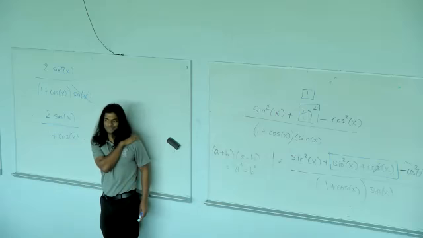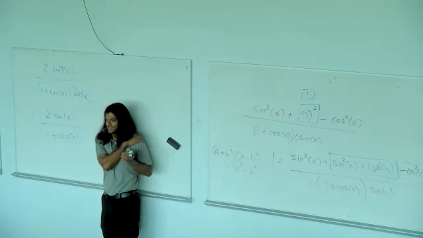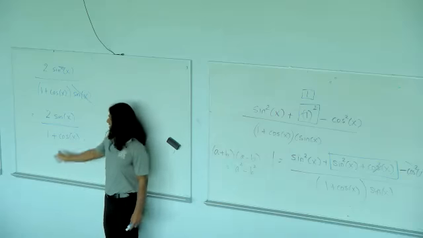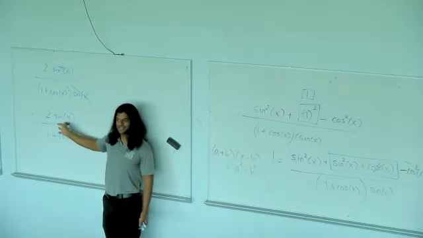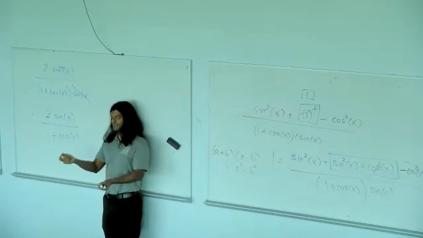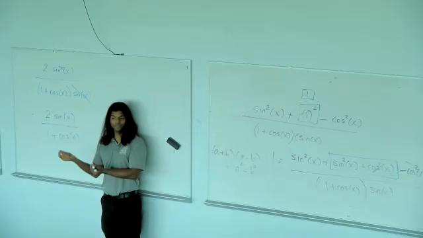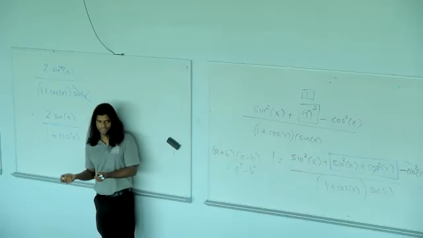Sin 0 is 0. Sin 180 is 0. So if you pick specific values, you get 0, but that's not the objective.